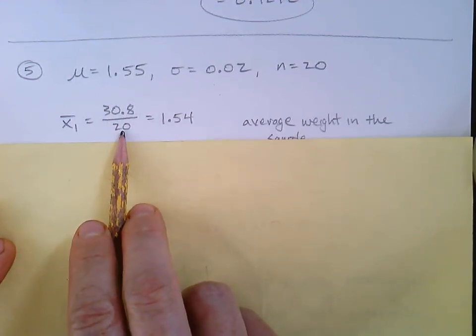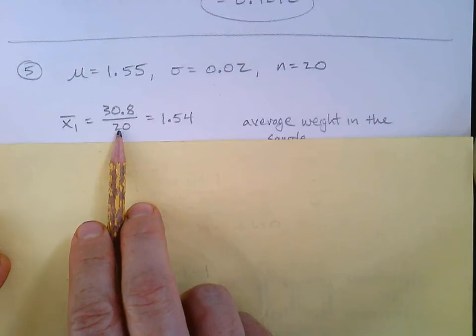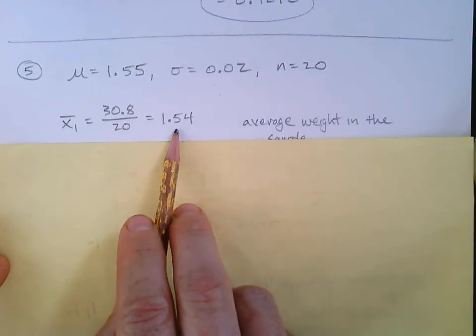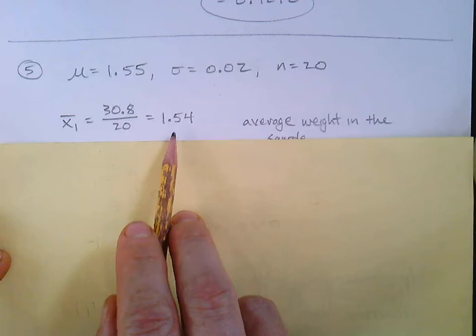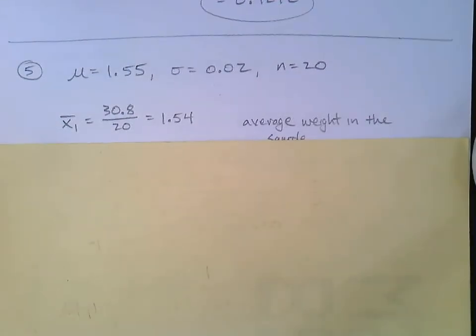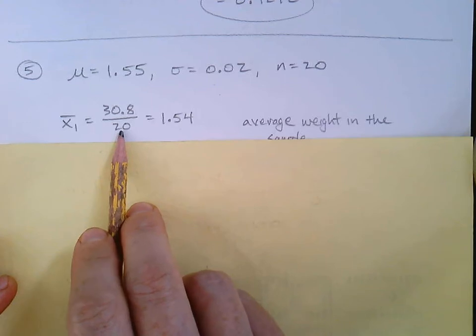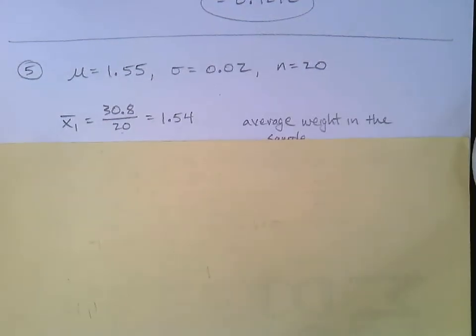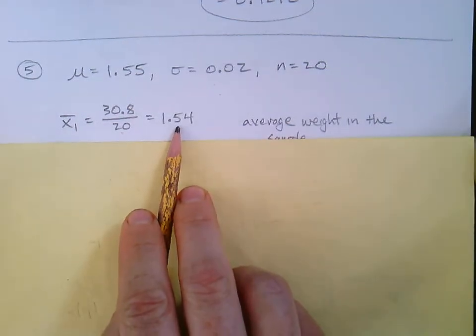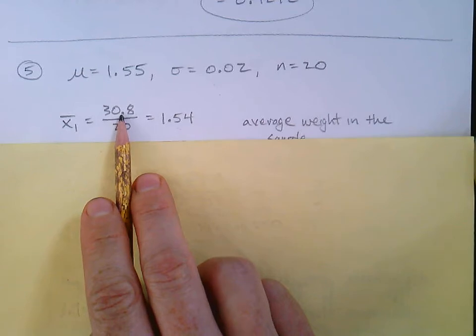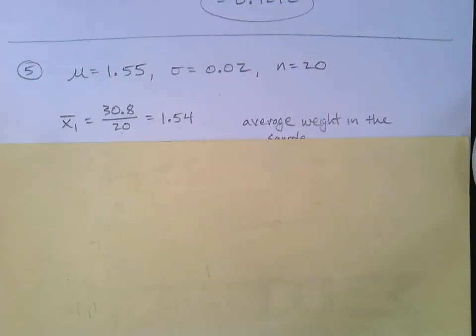We're going to divide that by how many bars are in that sample to get the sample average. So here it's like we're kind of going back and literally taking an average: the total weight divided by how many bars there are. And it turns out if you do that, you'll get 1.54. So that would be the average weight of a bar at that minimum number of 30.8 ounces.